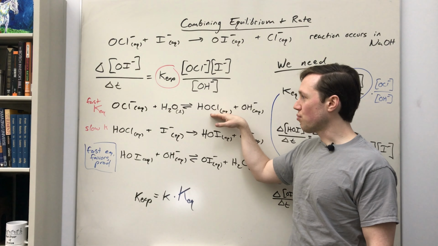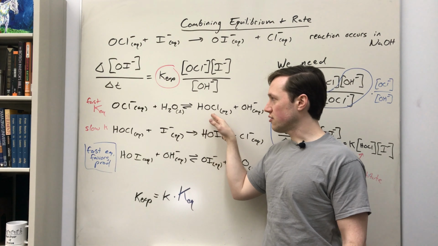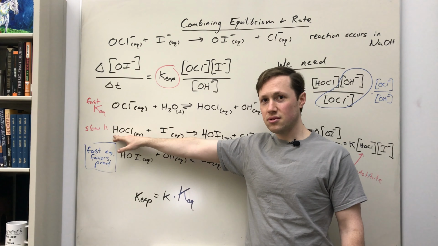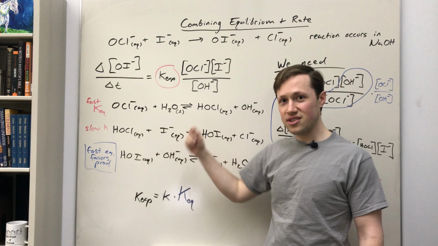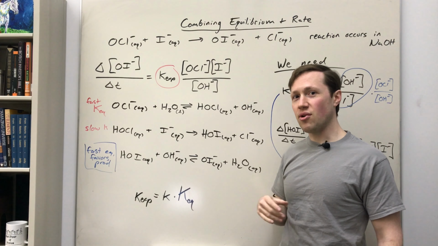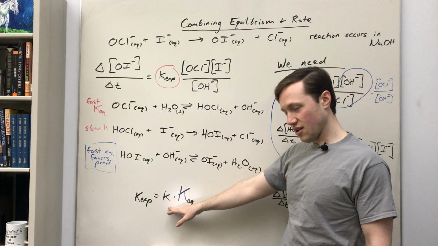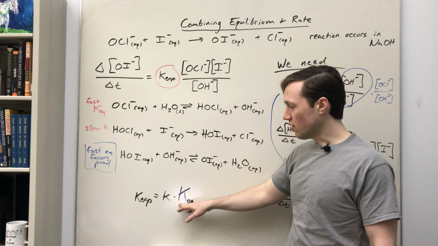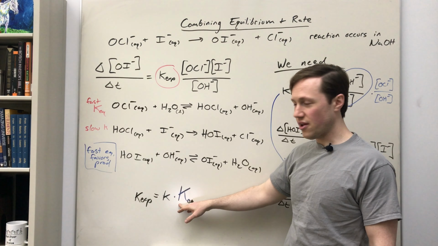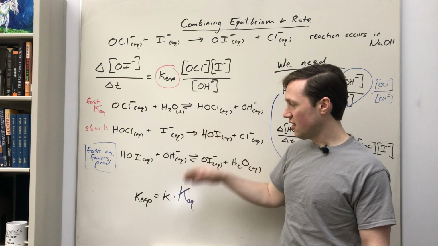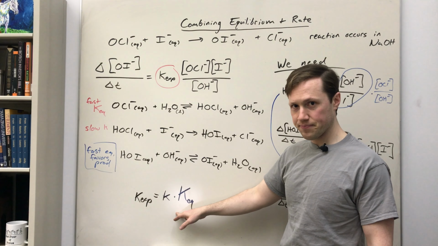If there are more products in this first step, the concentration of HOCl for this second step is effectively going to be larger. That makes sense in this context. A larger equilibrium constant favoring the products provides more to speed up the reaction in this second step.